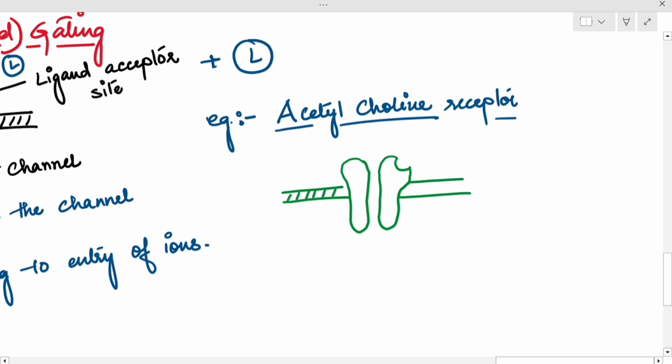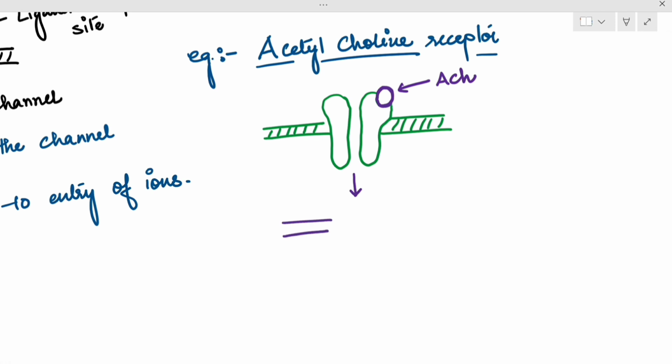Fine. In this particular place, acetylcholine will bind. This channel gets opened. Okay.